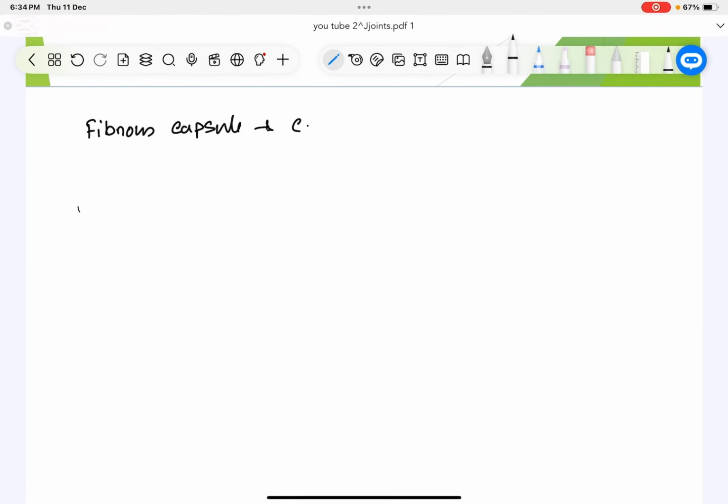So it is mainly composed of collagen fiber which is spirally arranged. What is the function of the fibrous capsule? Actually it connects the bony elements or skeletal elements, bones with bones, or bones with cartilage. Means it's making a connection.